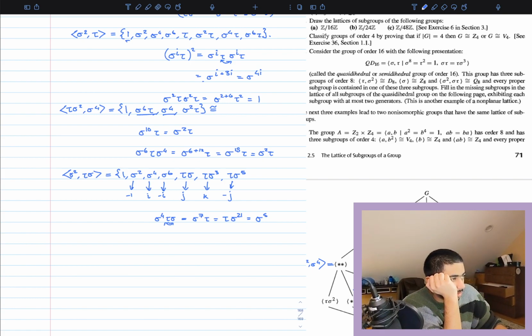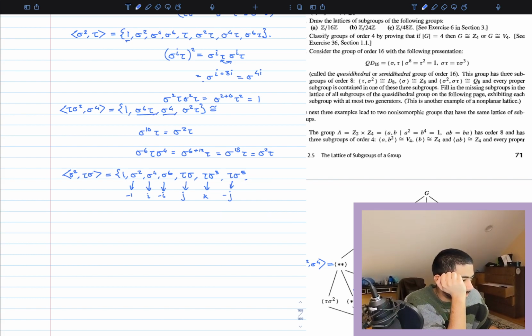So the order doesn't really matter, which is good to know. And then the last thing, which is going to be tau sigma to the 7, should be minus k. Okay, so that's why this is isomorphic to the quaternion group, because you can write it like this.